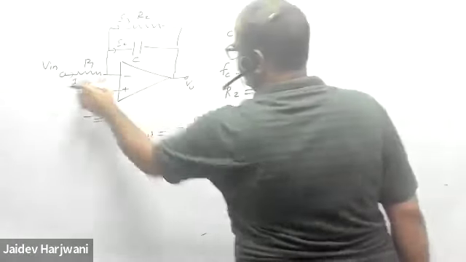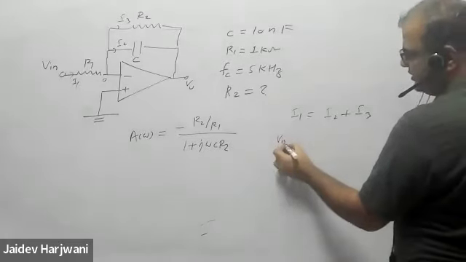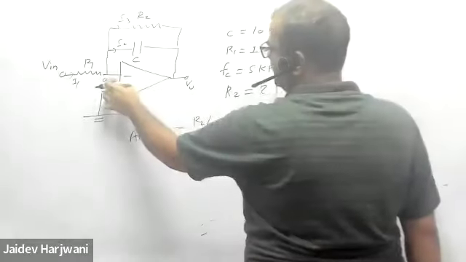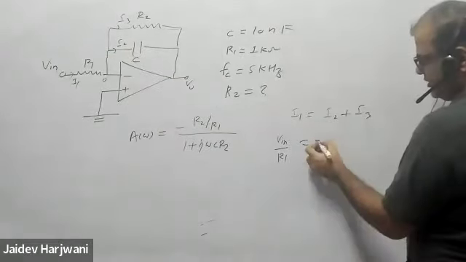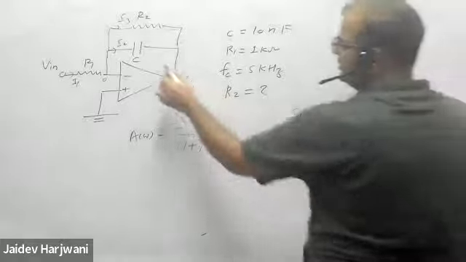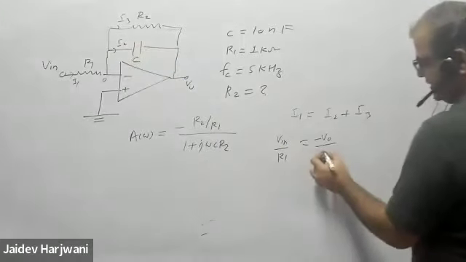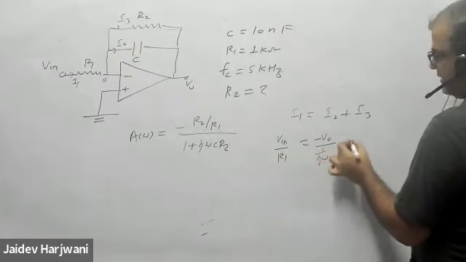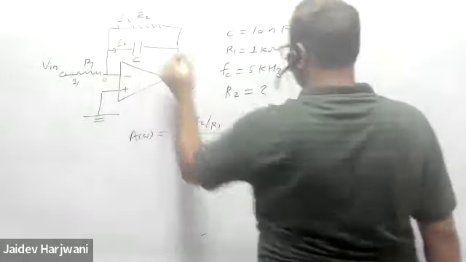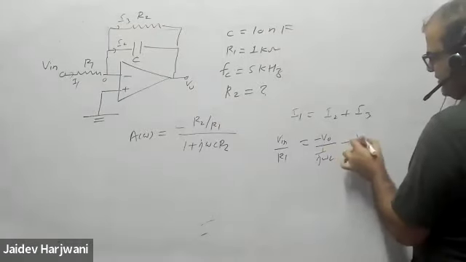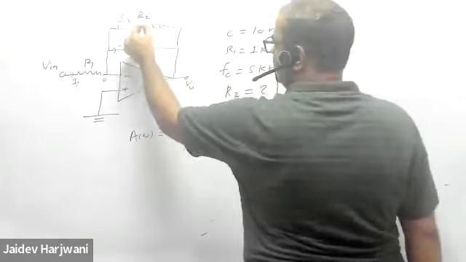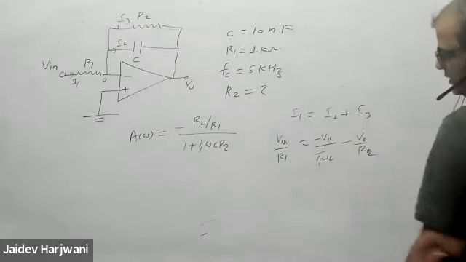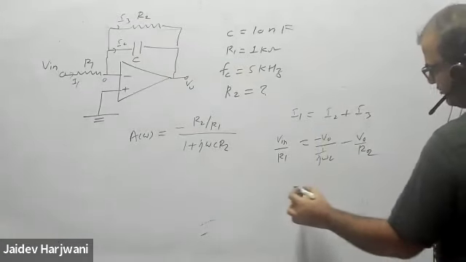I1 is V input minus 0 by R1. I2 is 0 minus V naught upon 1 by J omega C. And I3 is 0 minus V naught upon R2. Now you can directly find the formula.